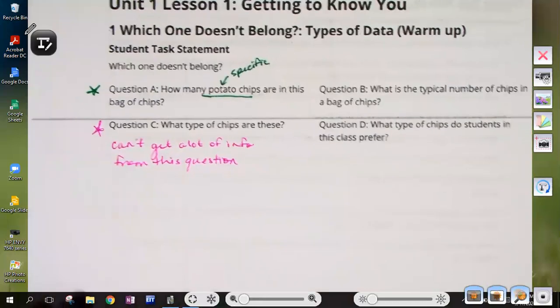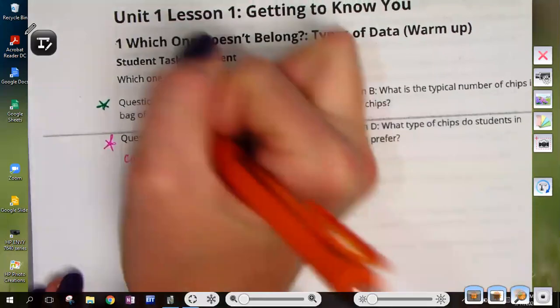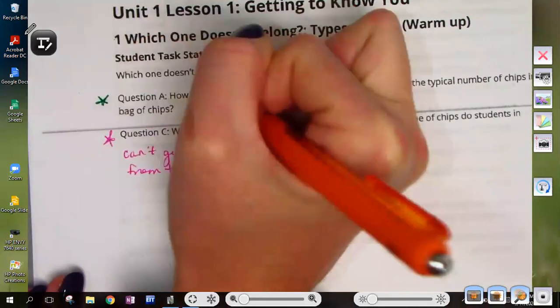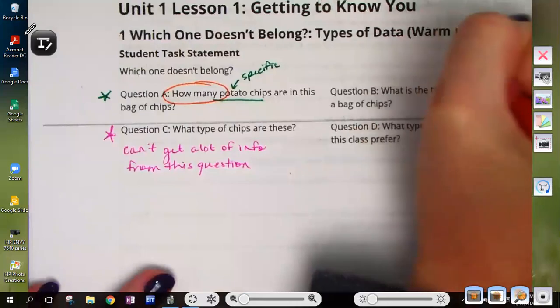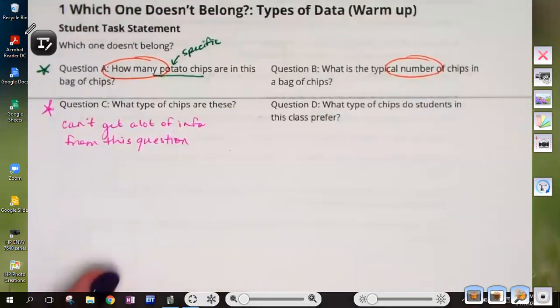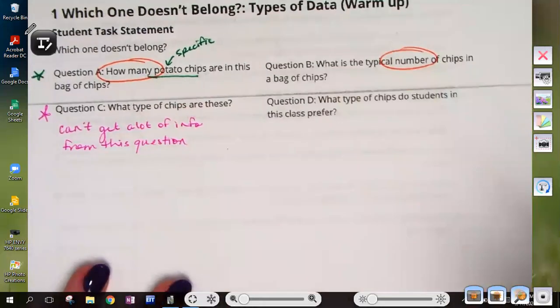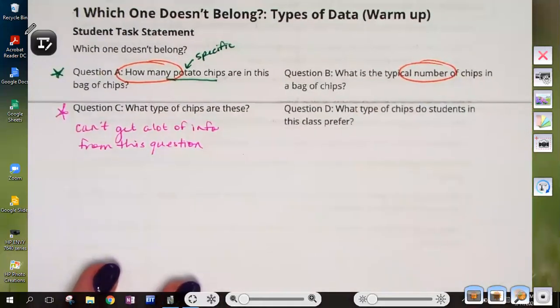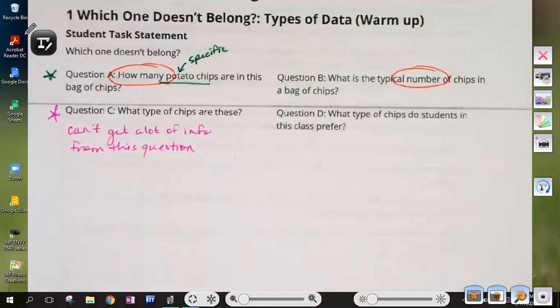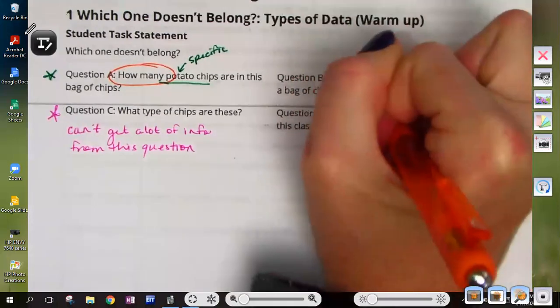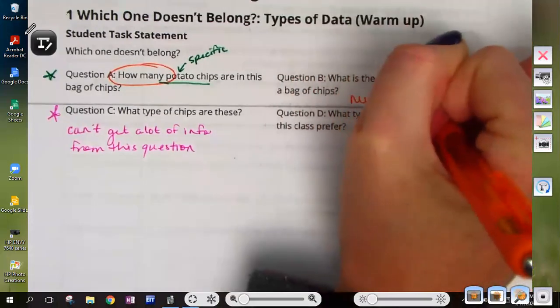So for A and B, did anyone else notice that it talked about how many or the number of? Yeah, so these are going to give you a total number. Okay, so in statistics, there's actually a word for that I want y'all to write down. This is going to be a type of question that would give you a numerical response.